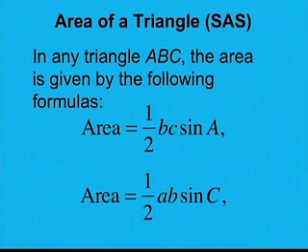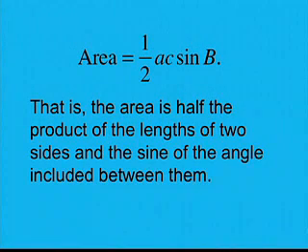Area is equal to 1/2 BC sine A. So what we're saying there is that we have the angle A, which is between sides B and C. Any version of this works, and that is to say we could also calculate the area if we know sides A and B and the angle between them, which of course is the angle C. But we also have one other possibility, that the area is equal to 1/2 AC sine B. So that is to say the area is half the product of the lengths of the two sides and the sine of the angle included between them.